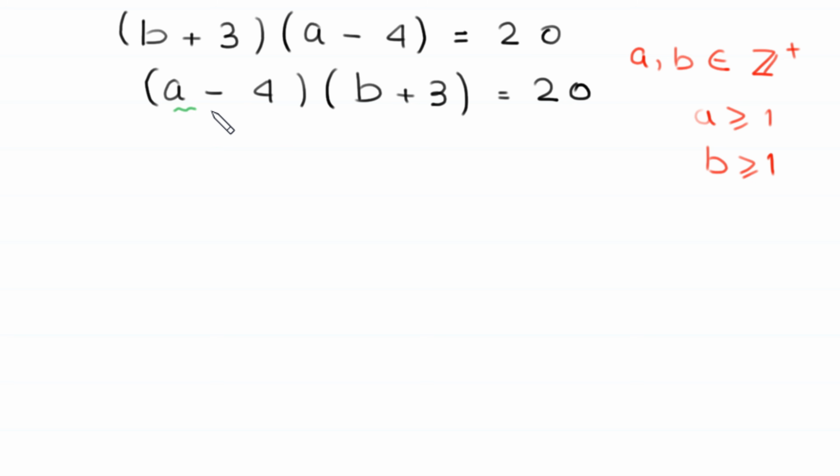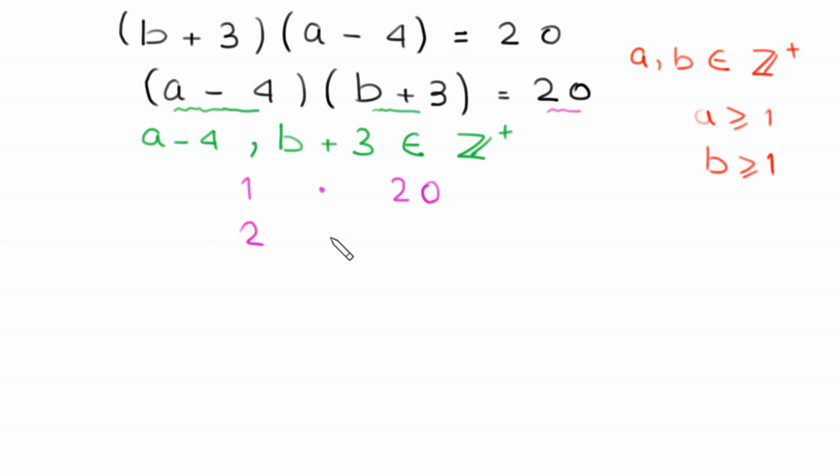So this expression a minus 4 and this expression b plus 3 are both also integers, and this 20 can be factorized as 1 times 20, 2 times 10, 4 times 5, 5 times 4, 10 times 2 and 20 times 1.